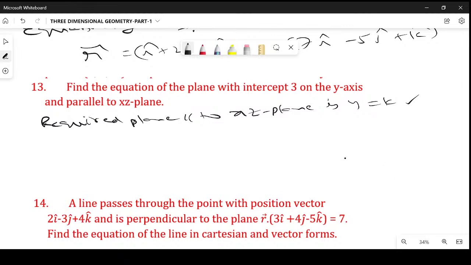But the y-intercept is given as 3. Y-intercept is equal to 3. That means here k is equal to 3.